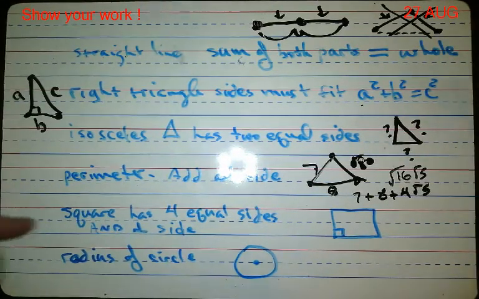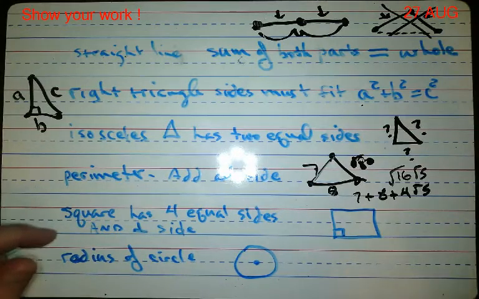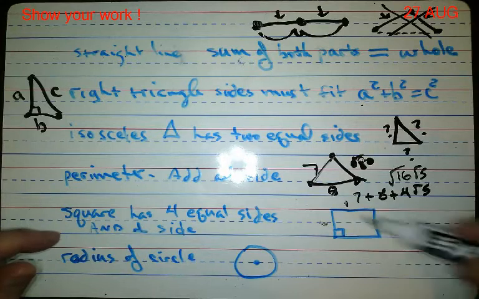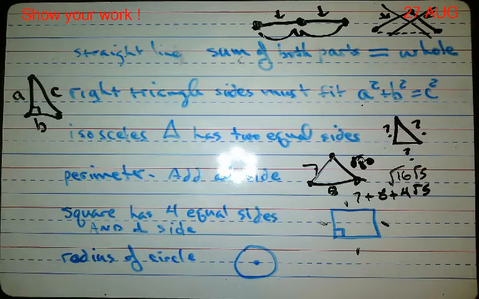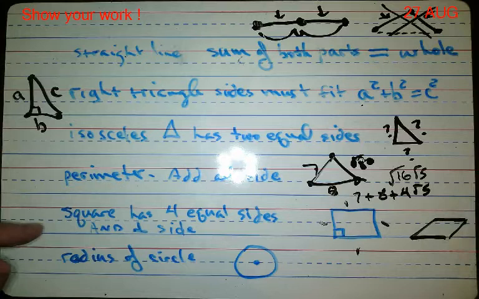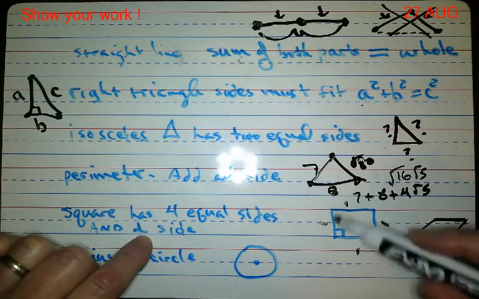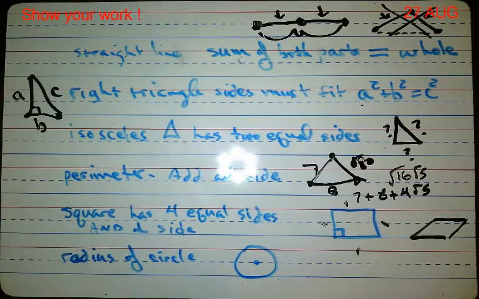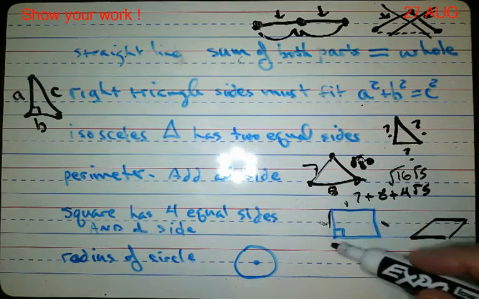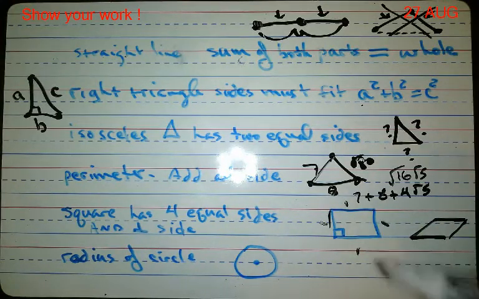Break down radicals. If it's a square they're asking you about, the square has to have 4 equal sides, so you have to measure the length of these sides. But that's not all, because a rhombus has 4 equal sides as well, right? So it also has to have perpendicular sides. So if you can find one perpendicular, and if you forgot what makes something perpendicular, the slope of one has to be the opposite and the reciprocal of the other.